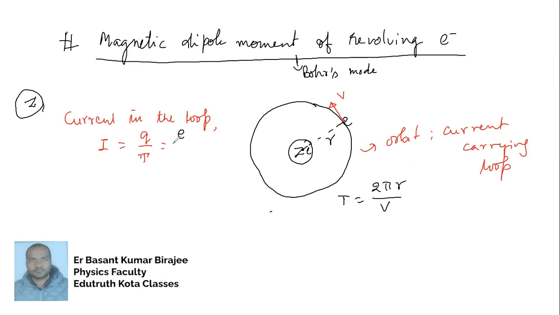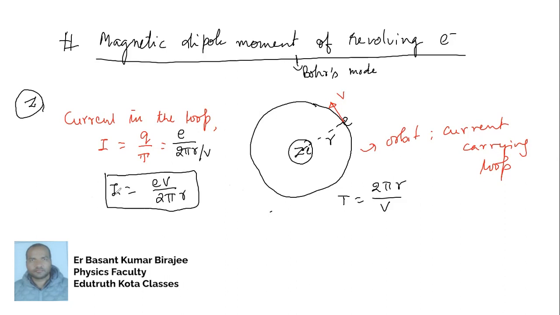Q is e here, time period is 2 pi r by v. So your current here is ev by 2 pi r. The current in the orbit is ev by 2 pi r. You may also get an MCQ based on this formula in current electricity.